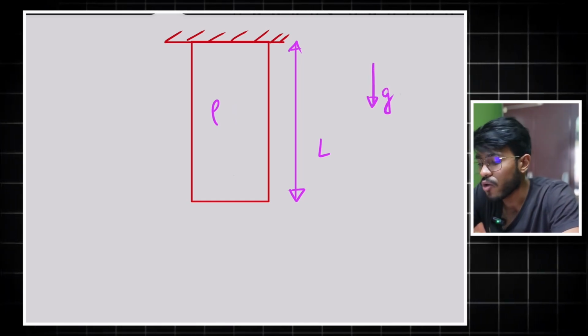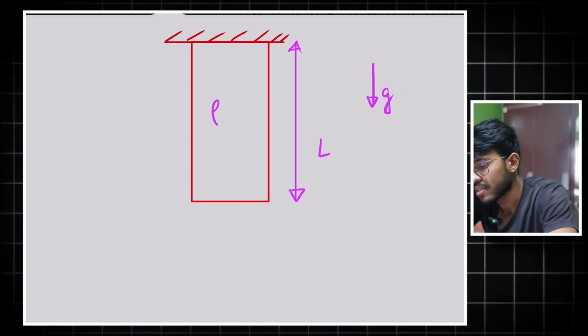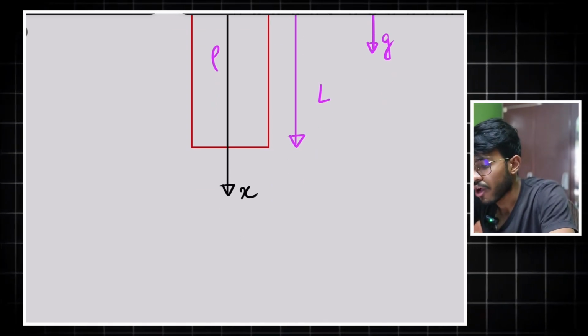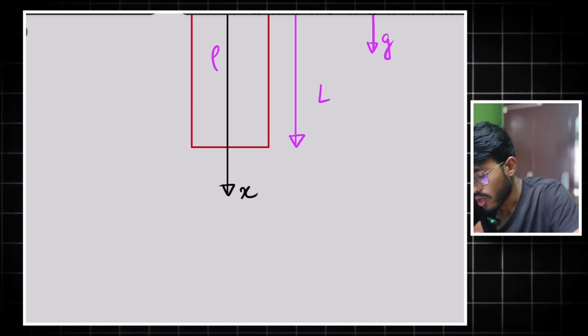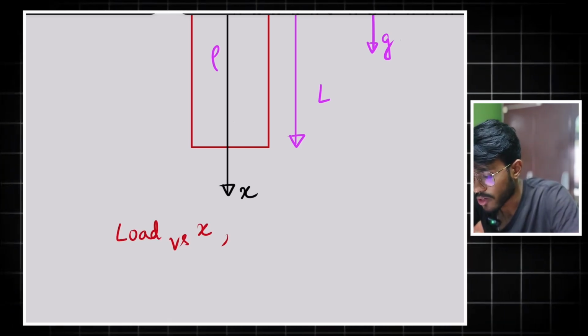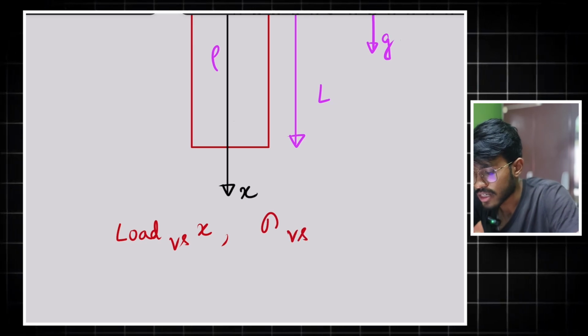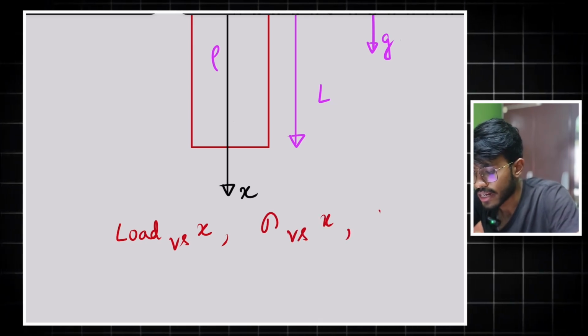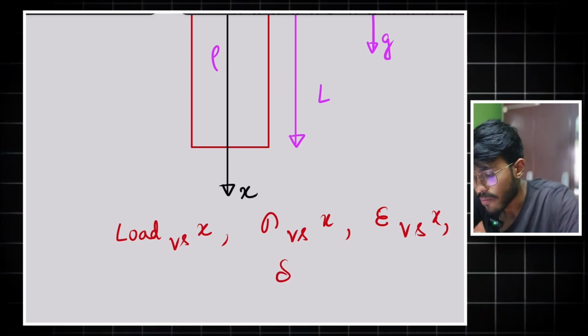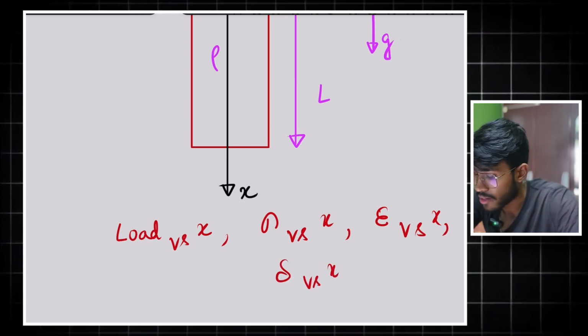If this is the x direction, you have to draw load versus x, stress versus x, strain versus x, and deformation delta versus x for the bar.